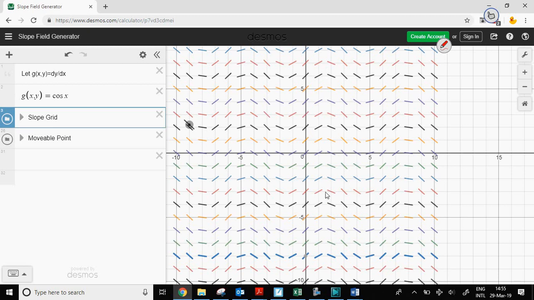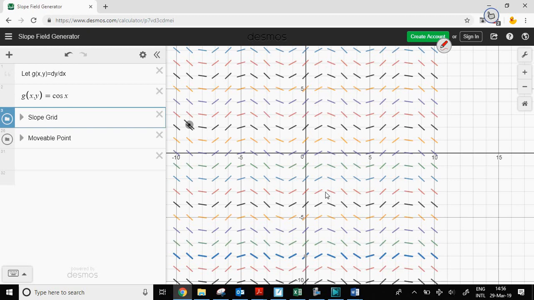So the slope field doesn't show every single point. It couldn't. Then it would just be filled up and you wouldn't be able to see anything. But it just shows a bunch of points, usually in a defined grid of some kind. What I think is very interesting about this is that you can actually see the answer to the differential equation, right?